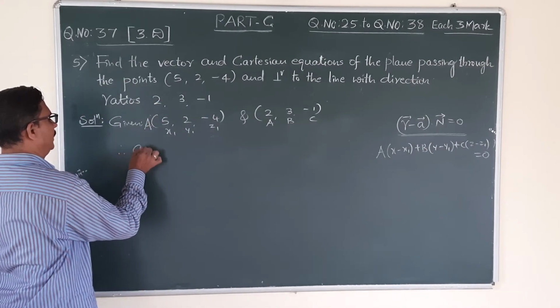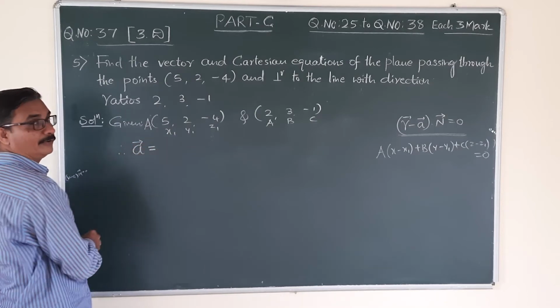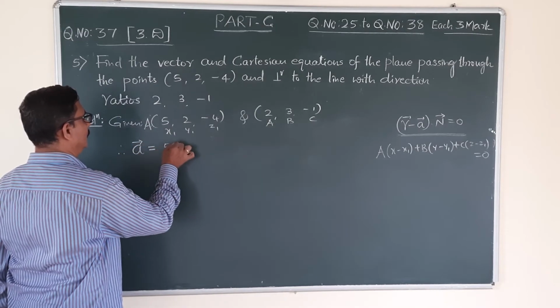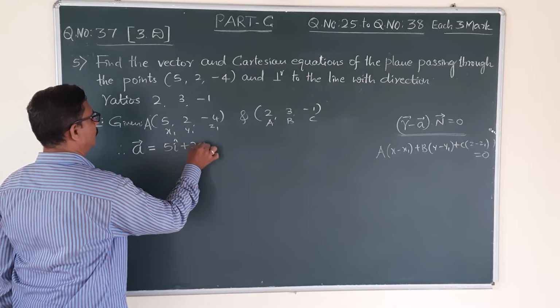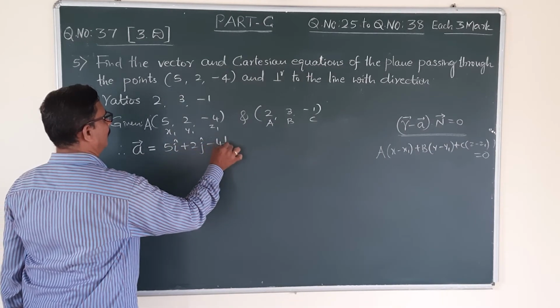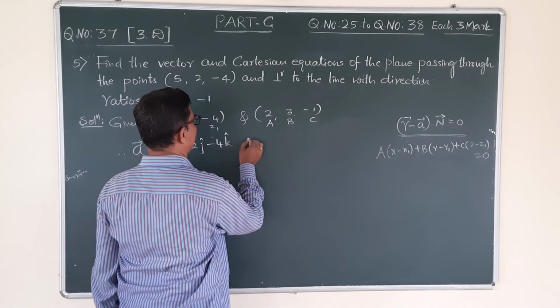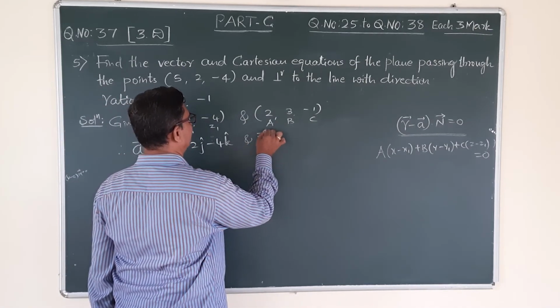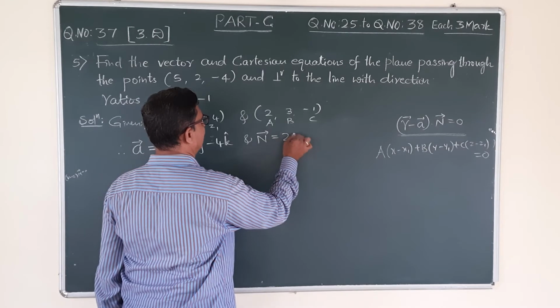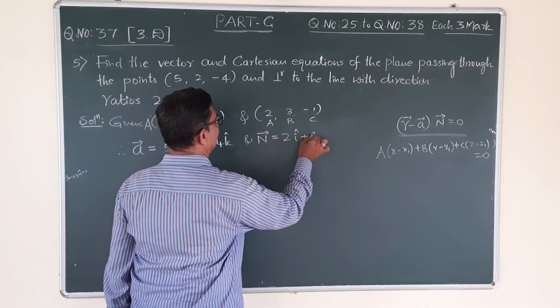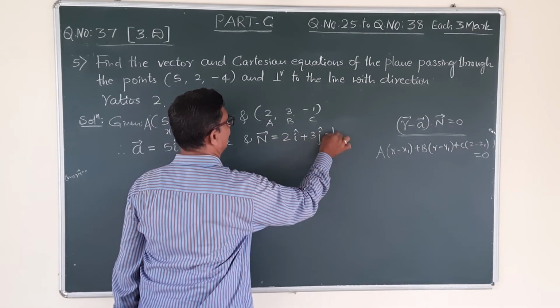Therefore, the position vector OA, represented by vector a, is equal to 5i + 2j − 4k. And the direction ratios are given. Therefore, the normal vector n is equal to 2i + 3j − k.